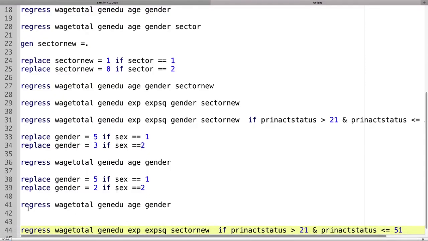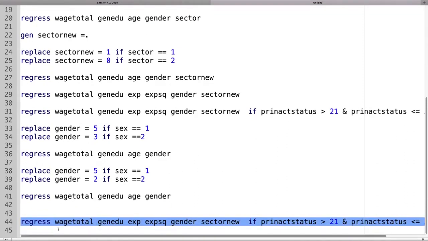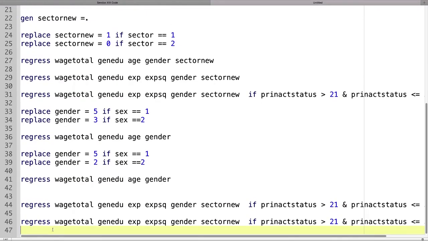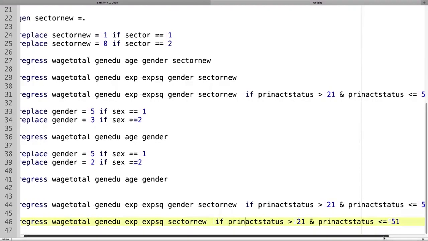Let me run a separate equation here, and here I remove gender. So, first I will run the full equation, then I will run one for male and one for female.